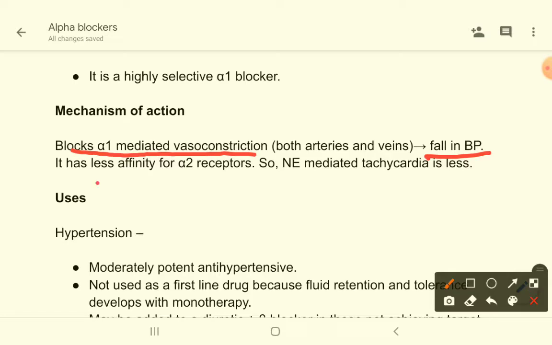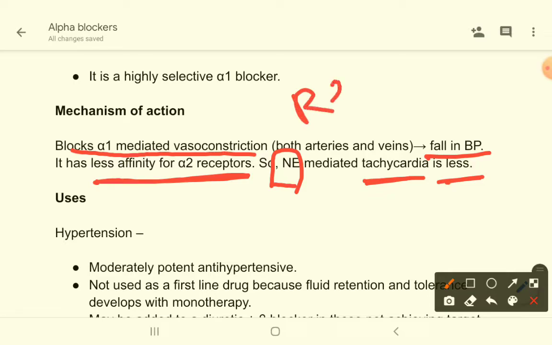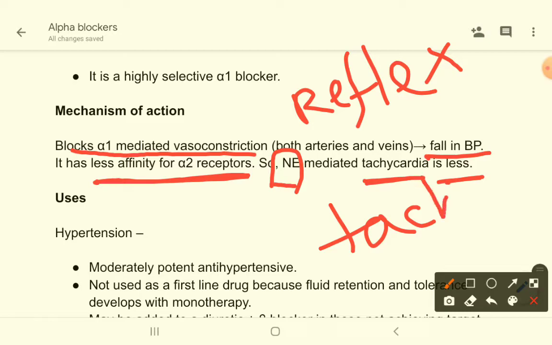And it has less affinity for alpha 2 receptors, or almost no affinity for alpha 2 receptors, so norepinephrine mediated tachycardia is less. So for that reason, prazosin does not produce, or produces very little, reflex tachycardia.